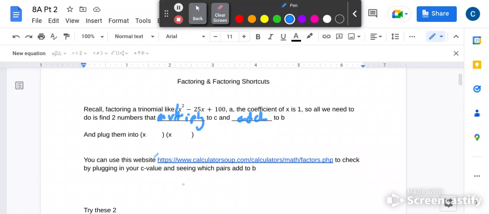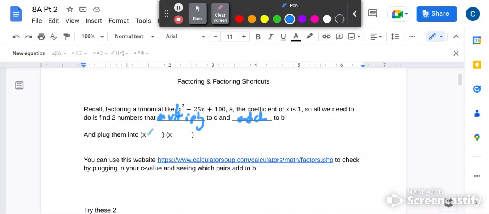You're more than welcome to use this factoring calculator right there and see if there are any number pairs. If you click on that and open it up, type your C value in there and see which number pairs underneath add to b. So here we have positive 100.